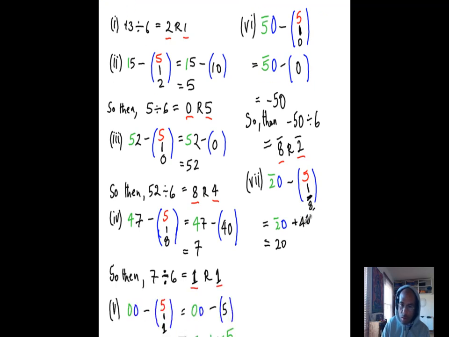So then 20 divided by 6 equals 3 remainder 2.